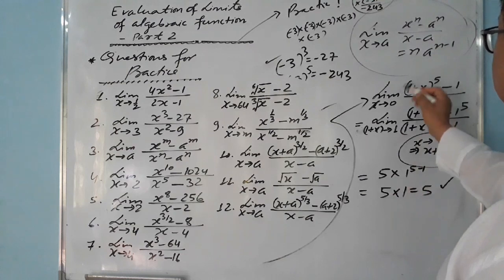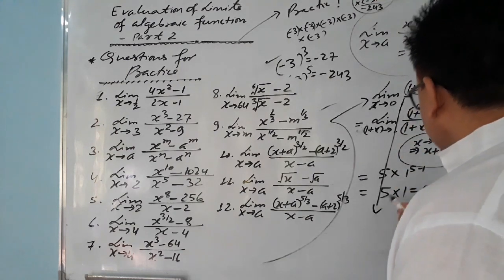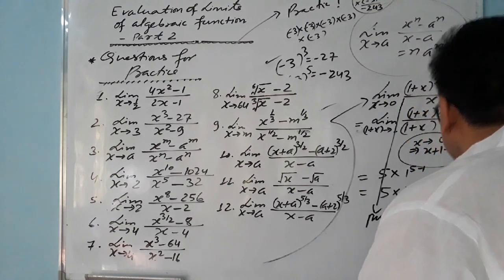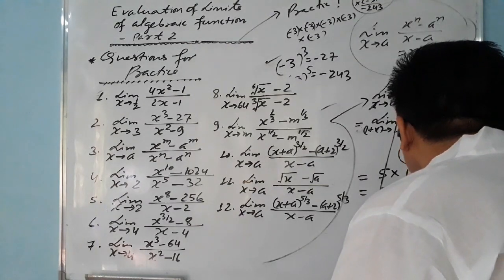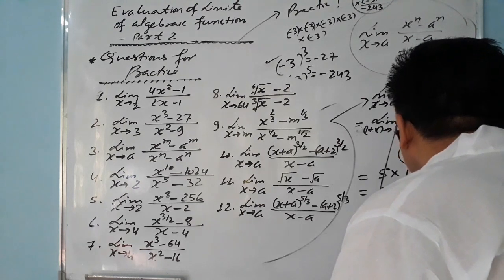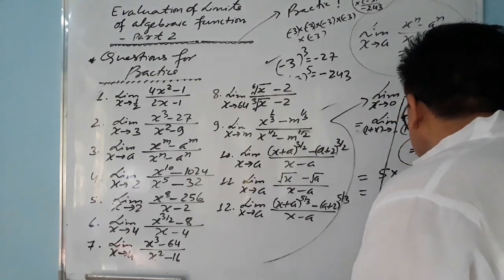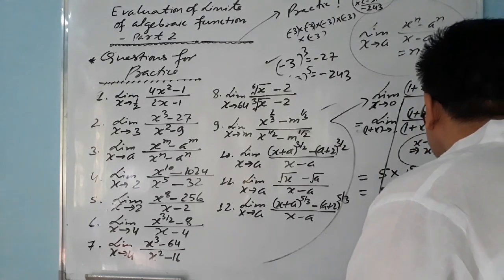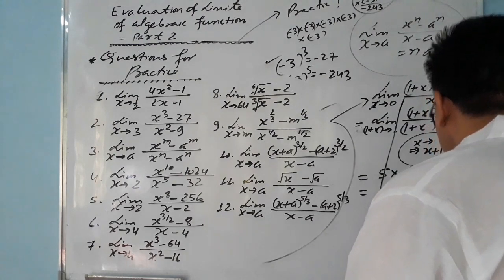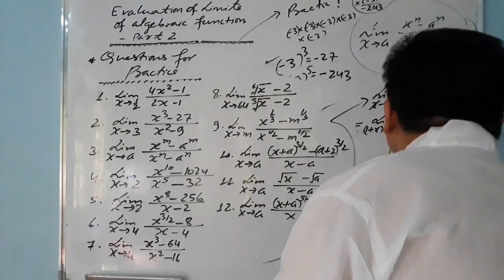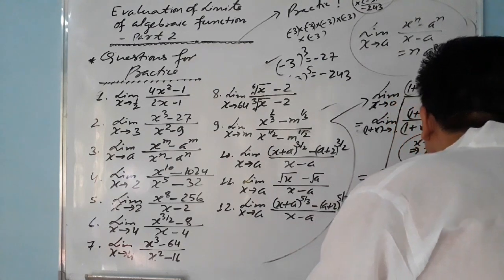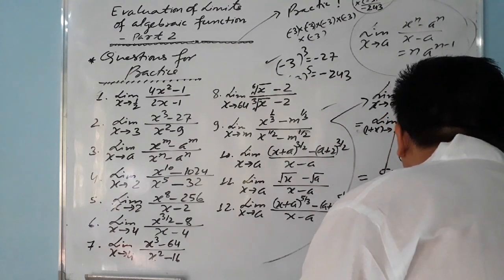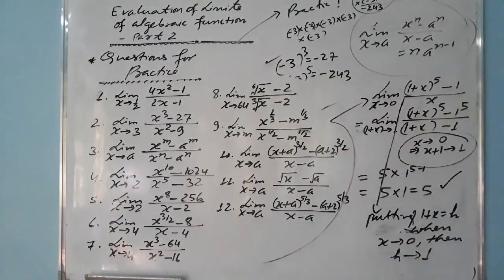Let me show you: you can just replace this one if you want to. Just putting 1 plus x is equal to h, so as x tends to 0, when x tends to 0, then h tends to 1, right?